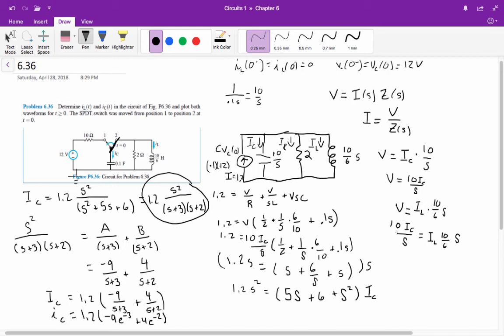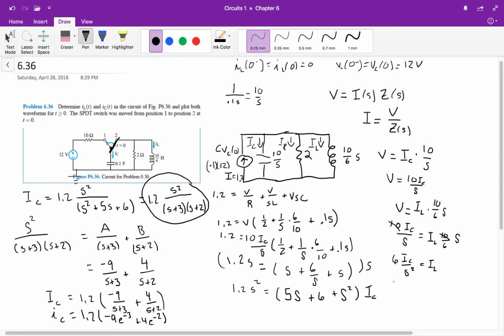And also, let's cancel out our 10s, and let's bring the s, divide both sides by s squared. So I have IC over s squared equals IL. Now this was IC, and oh, I forgot my 6. So let's multiply by 6.